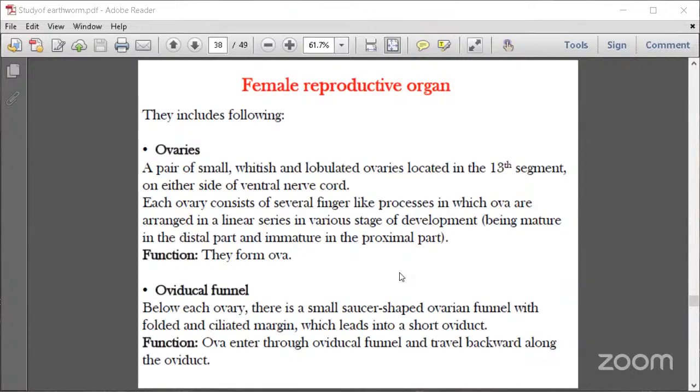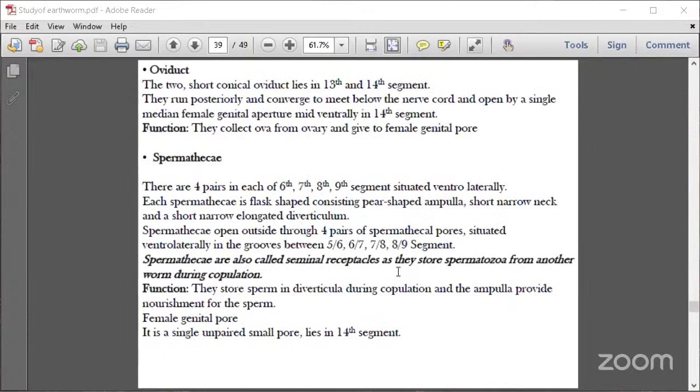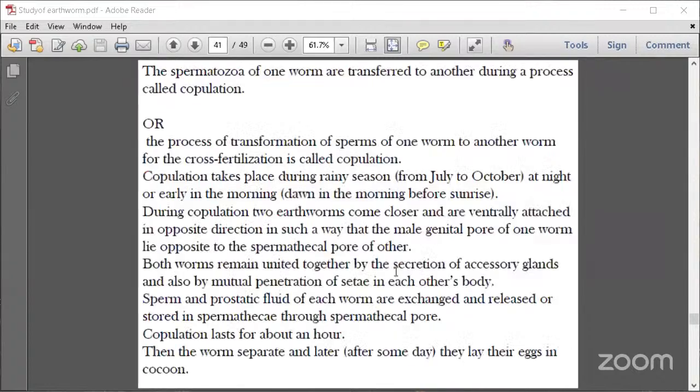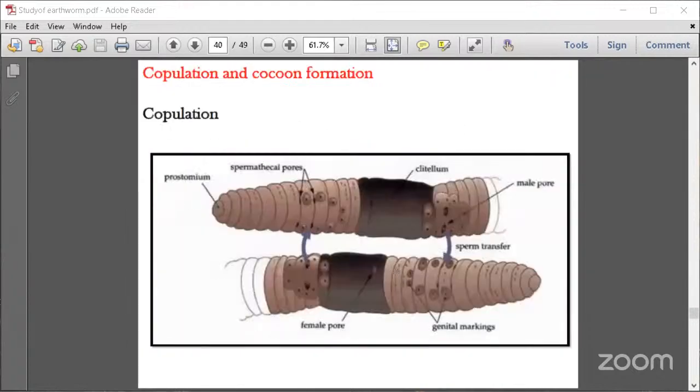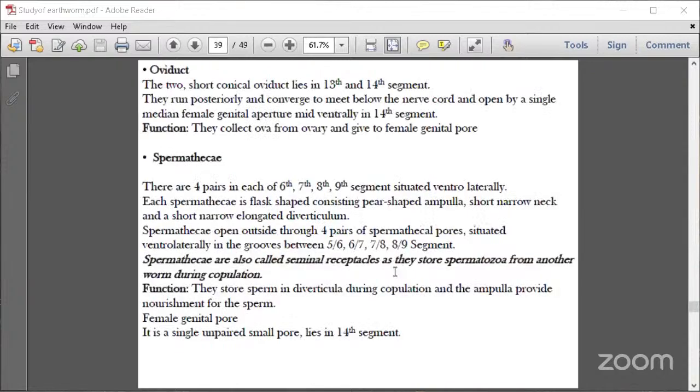Then what is the oviduct? The two short conical oviducts lie in the 13th and 14th segments. They run posteriorly and converge to meet below the nerve cord, and open by a single median female genital aperture mid-ventrally in the 14th segment.